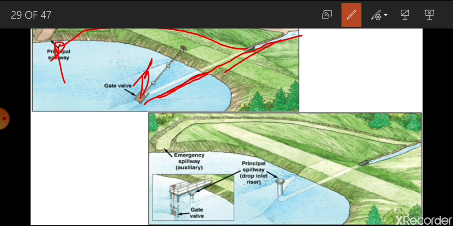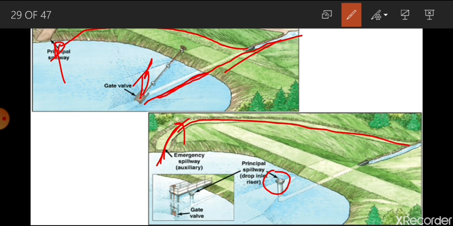See, this is a drop inlet. This is one kind of spillway where excess flood will flow and reach the downstream area.